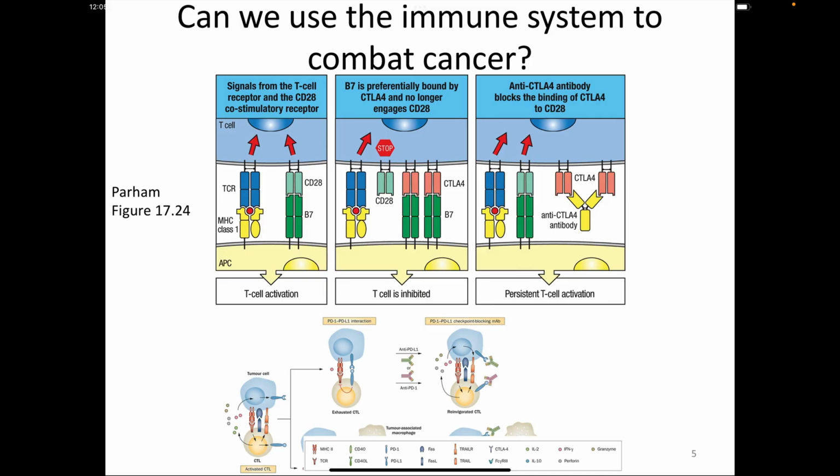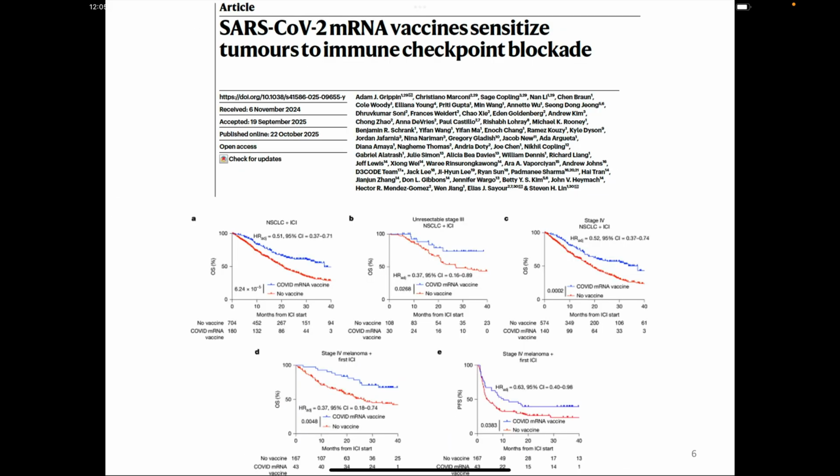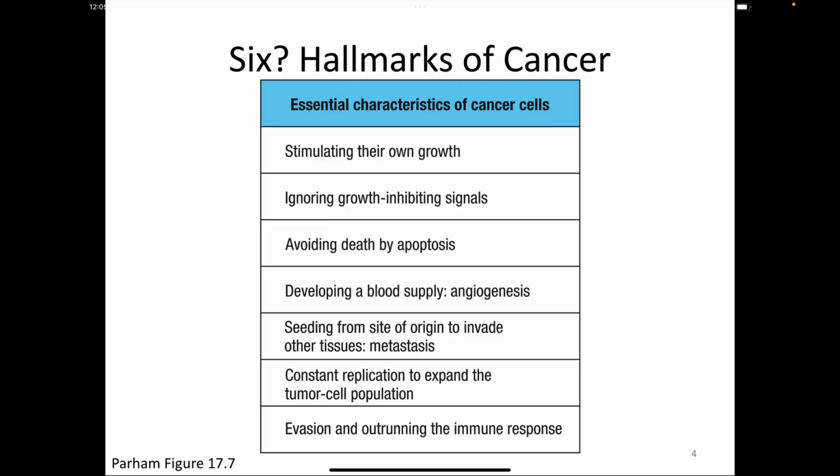Checkpoint inhibition is just using something to block these negative signals, to block CTLA4 or PD-1, so that basically you can try to make sure that you don't get those negative signals. You're trying to stop the evasion, keep the immune system going. You're trying to sort of keep things immunogenic and thwart the tumor in its ability to get around the immune response.